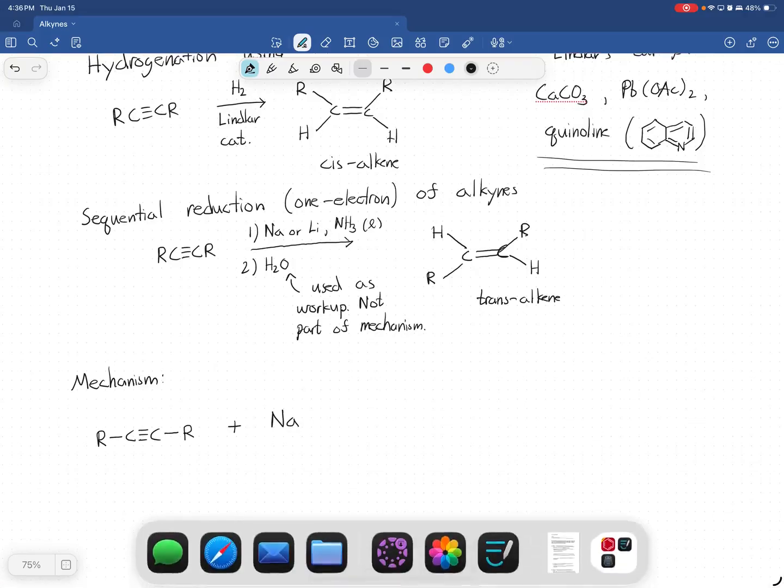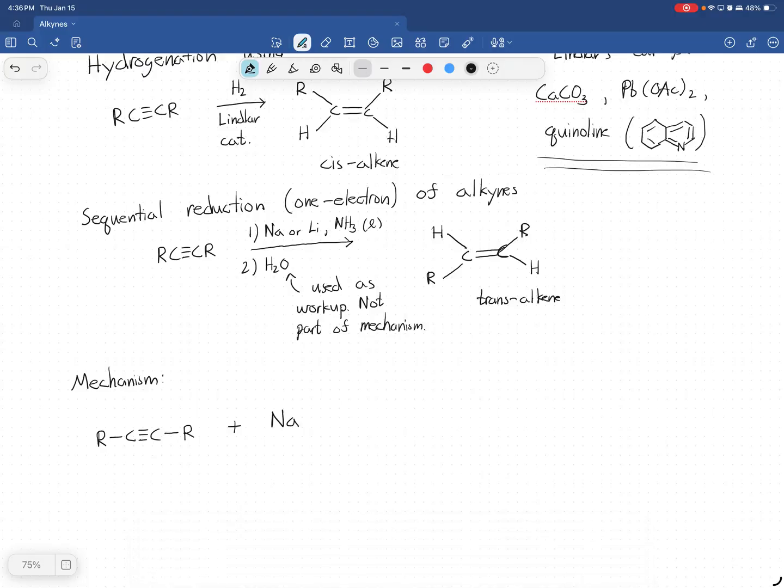How many valence electrons does sodium have? 1, right? So we're going to put a single electron around sodium. So what happens here is your sodium is the reducing agent, so it's going to become oxidized and give its electron to the alkyne.